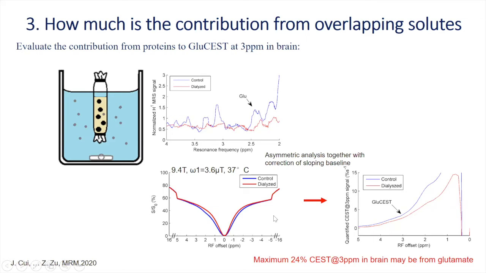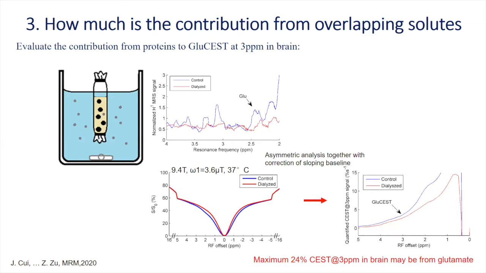Okay, so here we use the dialysed tissue homogenate to evaluate the contribution from proteins to current CEST molecular imaging. The method looks not perfect, but for example, phosphocreatine can become creatine after postmortem, but this reaction can be reduced if we quickly freeze the tissue and use some other chemicals to reduce this reaction.